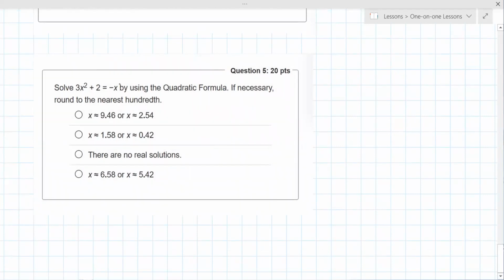Make sure you get this term to the other side. Okay.